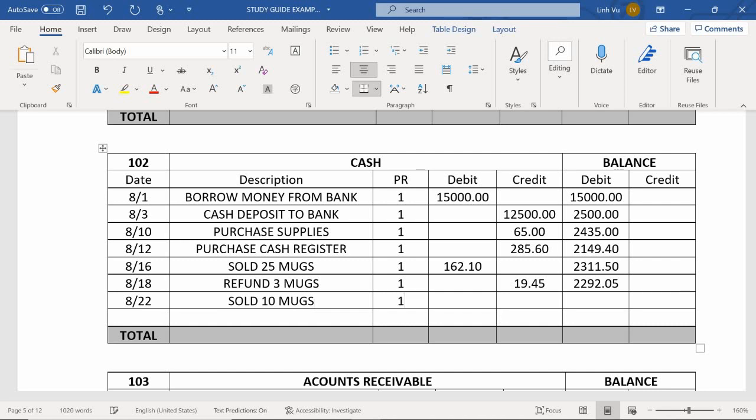On the debit side we have 64.84. So we have 2,292.05 plus 64.84, 2,356.89.